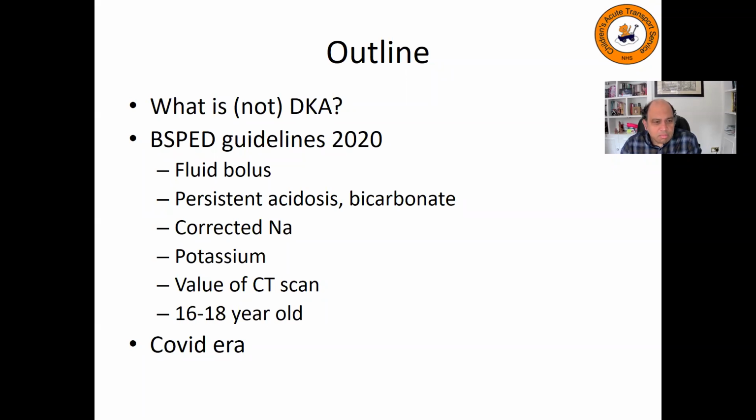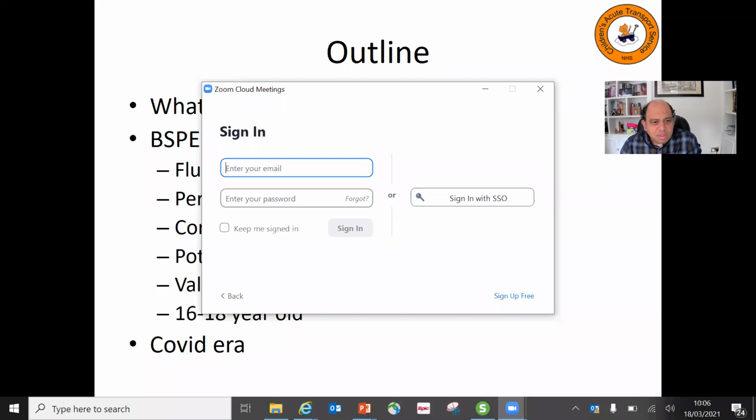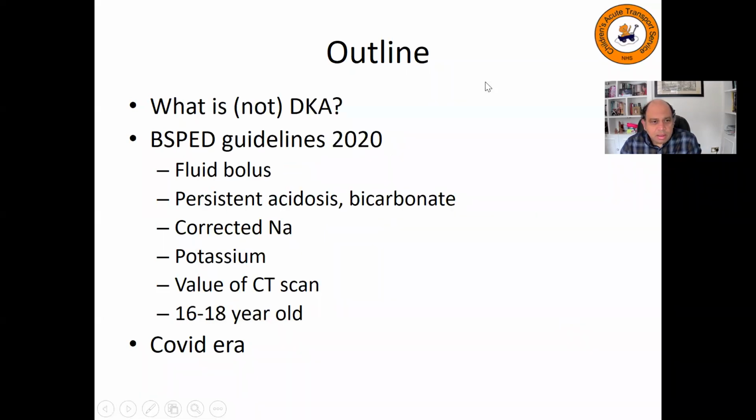Corrected sodium, how to use that, how to calculate it, what it means. Some notes about potassium therapy, which is clearly an area that comes up for discussion quite a lot on DKA patients. The value of a CT scan is obviously something that we can talk about.